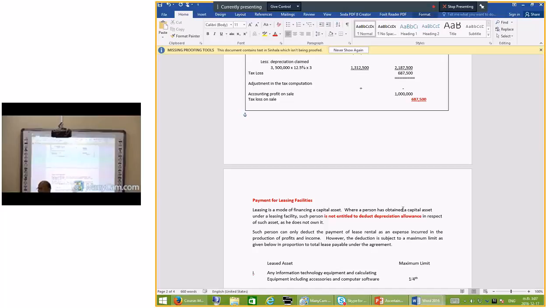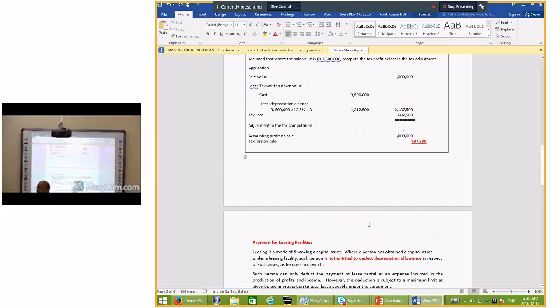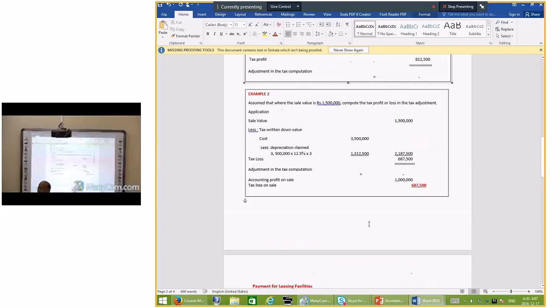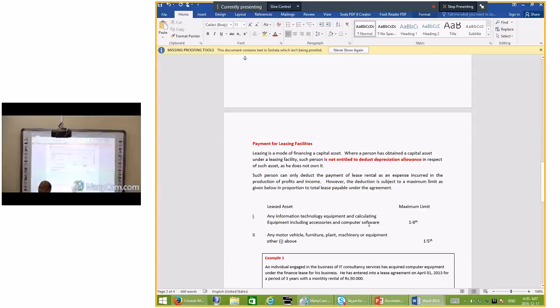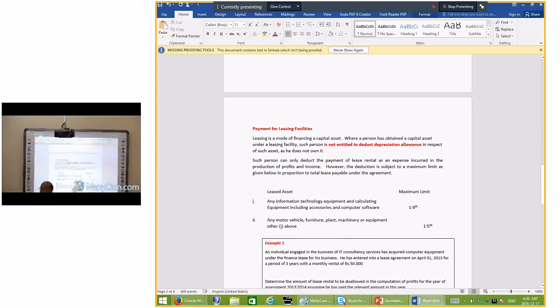Again, we apply the formula and restrict according to the rate of capital allowances, right? If it is furniture and fittings, which is claimed at 25%, the maximum is 1/4. The motor vehicle capital allowance rate is 20%, which means capital allowance is allowed over 5 years, so the limit is 1/5. If it is plant and machinery, the capital allowance is claimed at a rate of 33%, so the limit here is 1/3, right?